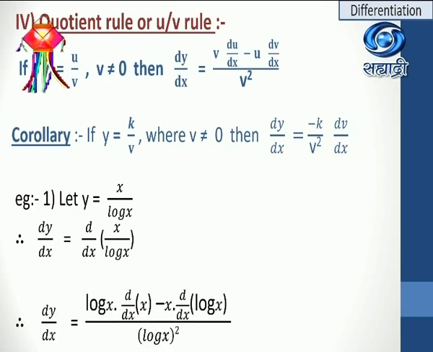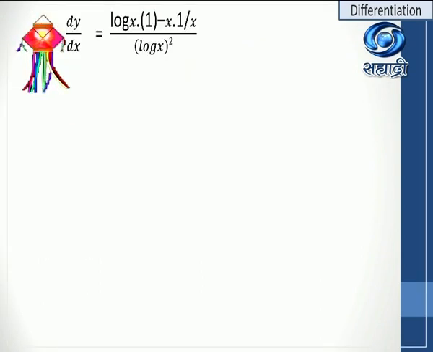So dy by dx is equals to log x into derivative of x minus x into derivative of log x upon log x square. We know that derivative of x is 1 and derivative of log x is 1 upon x. Therefore, dy by dx is equals to log x into 1 minus x into 1 upon x upon log x square. So dy by dx is equals to log x minus 1 upon log x whole square.